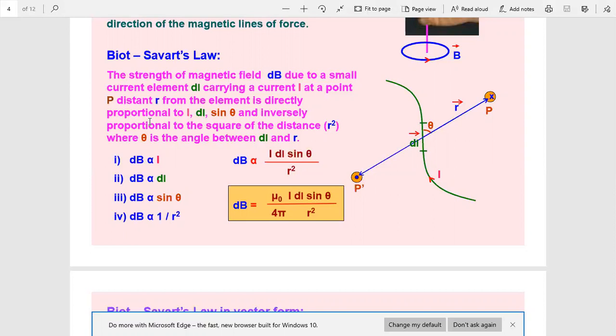And inversely proportional to the square of the distance between the elementary current and the point where magnetic field strength is to be measured.